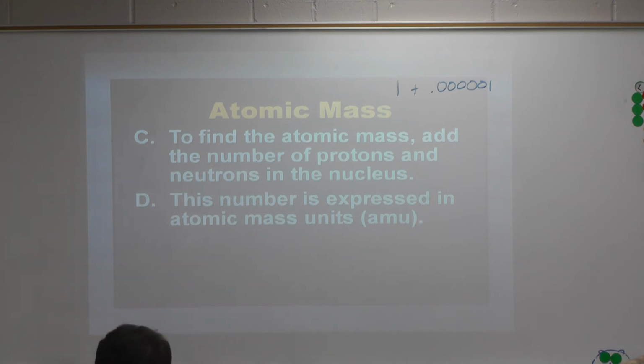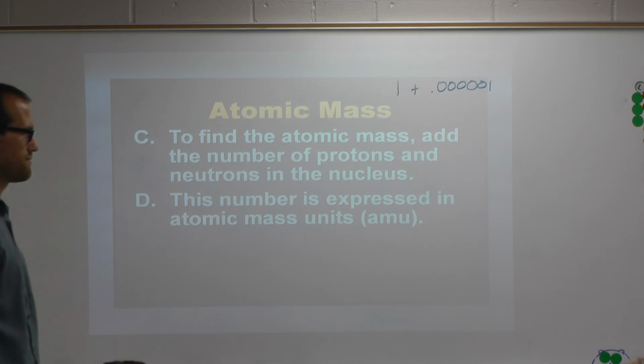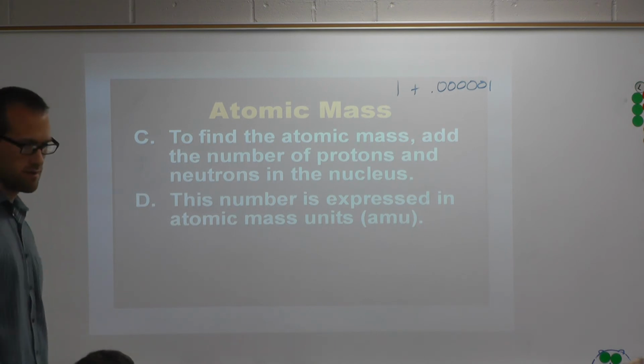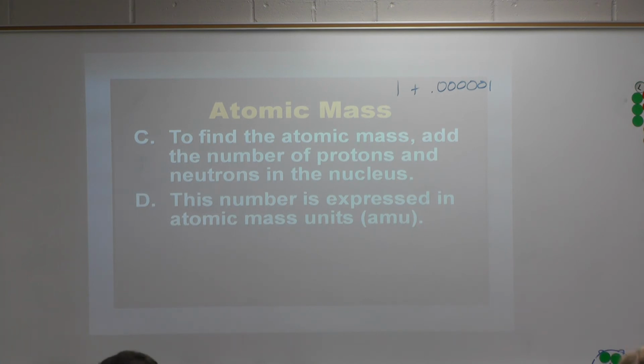Because that periodic table was made in 2001, they have been discovered just after 2001. Okay, so to define the atomic mass, you really add the number of protons and neutrons in the nucleus, essentially.